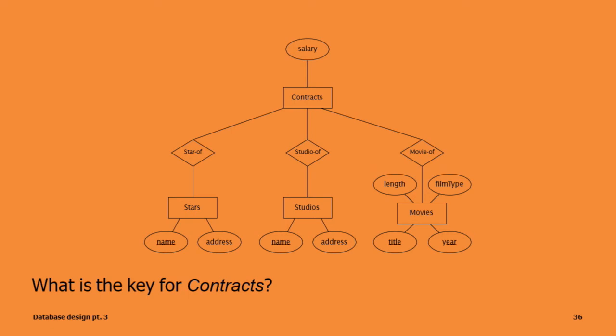All these four. Or do we actually need the year? Yes, we do, because we could have the same title. So we do need all four of those attributes as the key up here to identify a salary.